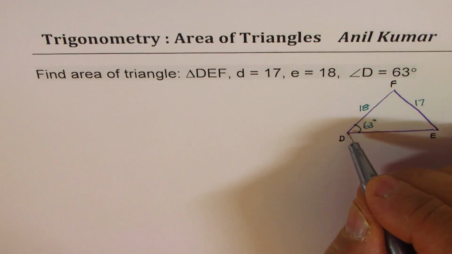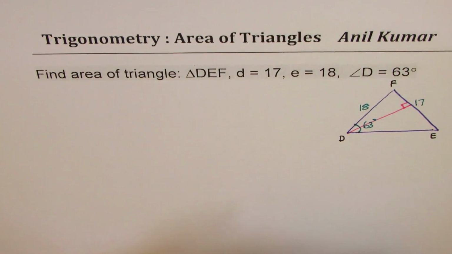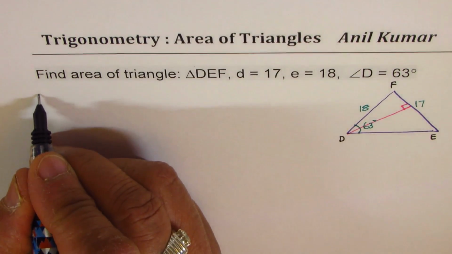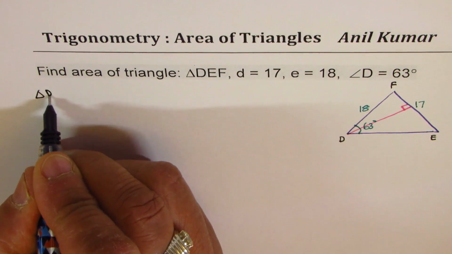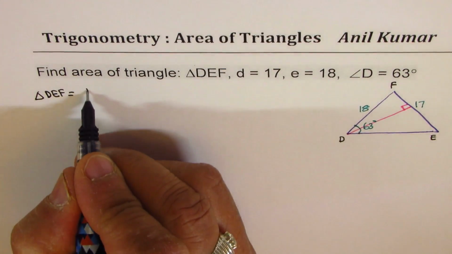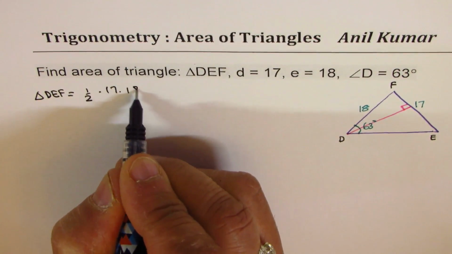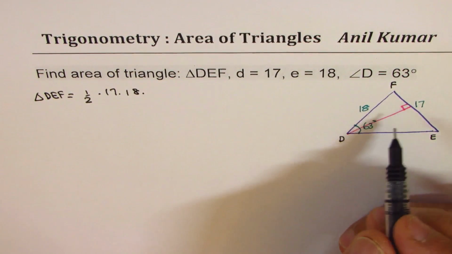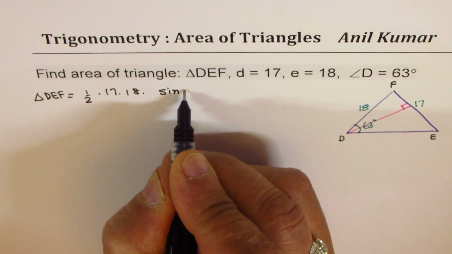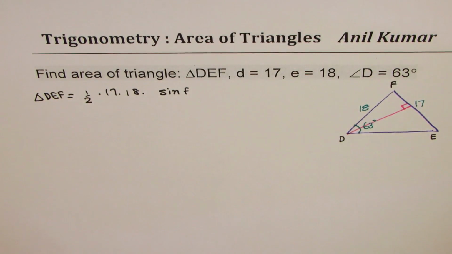Now we're looking for this to be the altitude, correct? And therefore the area of this triangle DEF should be equal to half of 17 times 18 times sine of angle F. So we need to find angle F, correct?